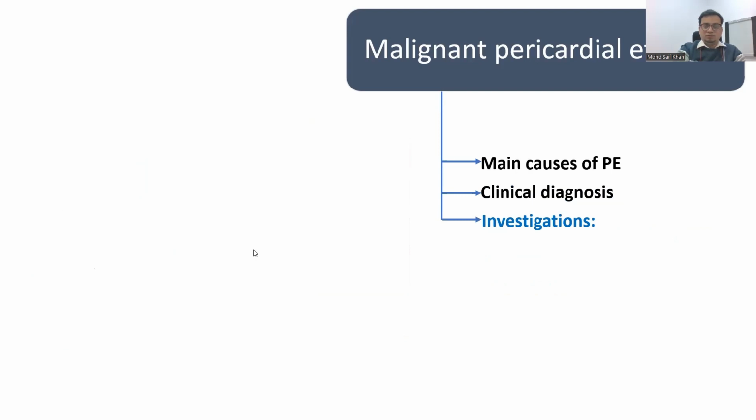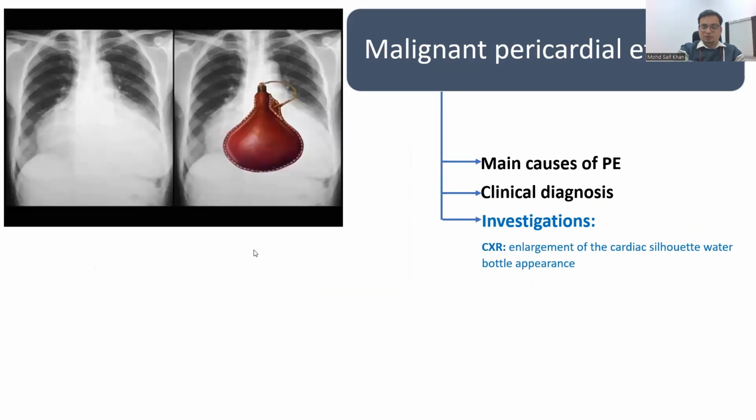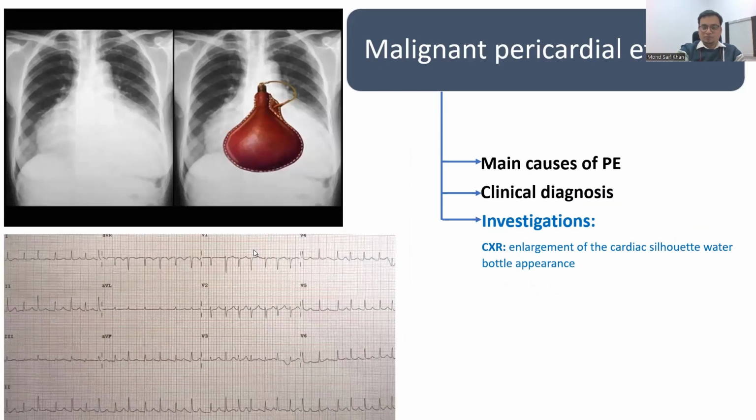But if you want to do investigations, the first initial investigations would be chest X-ray and ECG. The chest X-ray will show enlargement of the cardiac silhouette and the water bottle appearance, and ECG will show electrical alternans, with QRS amplitude changing due to the heart swinging inside the pericardial fluid.